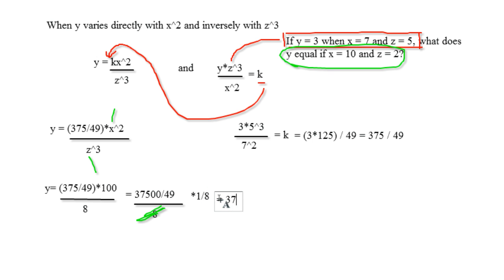It's not going to be the nicest fraction in the world, but it's actually going to be something pretty nice. Let me check on my calculator. 49 times 8 is 392. Then we check our calculator, 37,500 divided by 392, and we reduce this the best we can, and you should get 9375 over 98. Voila. Magnifique is what they would say in France.